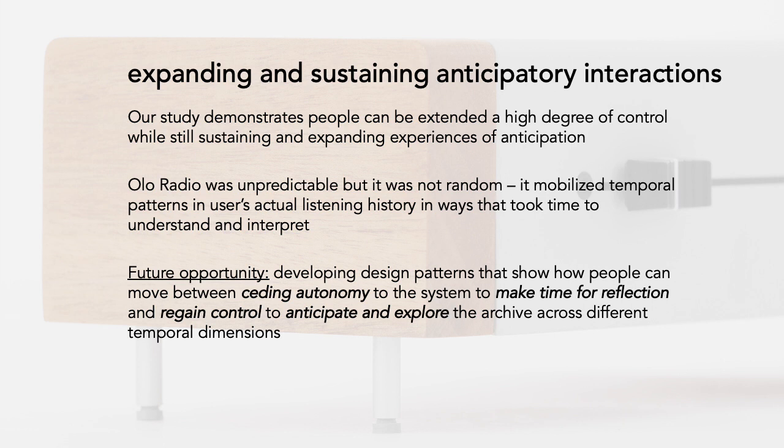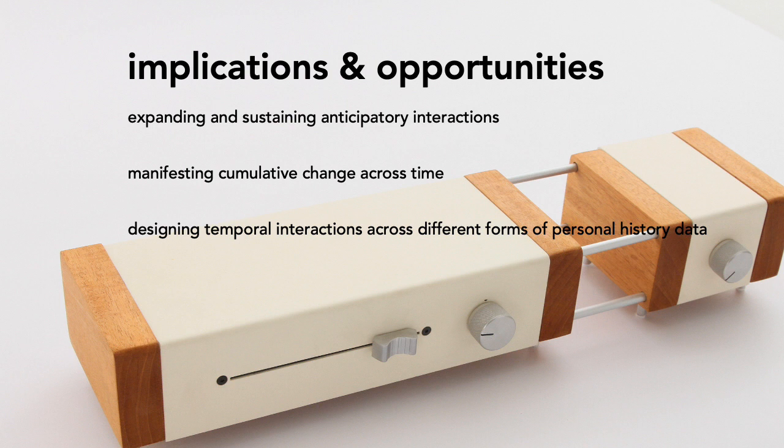So we think this suggests a future opportunity to develop design patterns that show how people can move between ceding autonomy to the system to make time for reflection, and then regain control to anticipate and explore the archive over time. Our other 2 implication areas point to new opportunities for designing systems that co-evolve with people over time and that embrace more diverse forms of time as central qualities of interaction within their design.